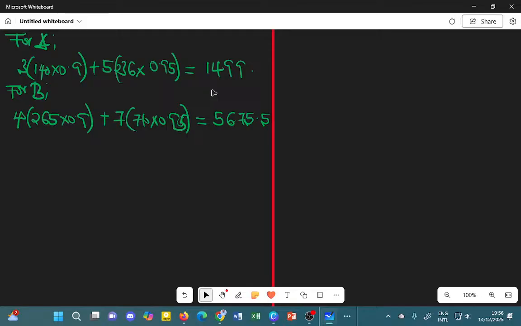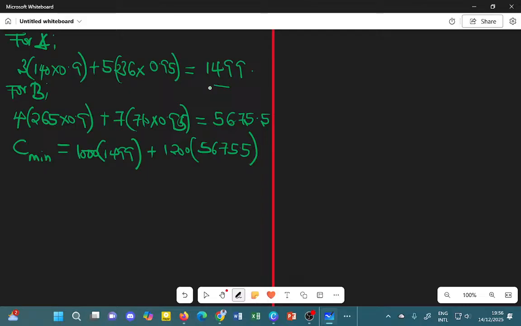Total minimum cost, which I will call C minimum, will then be 1,000 times 1499, this one here, plus 1,200 times this, which is 5675.5.